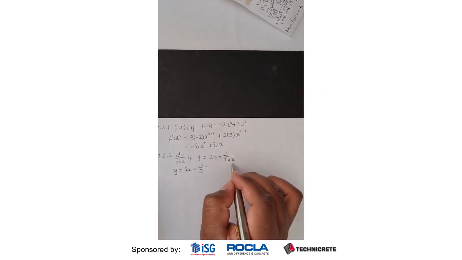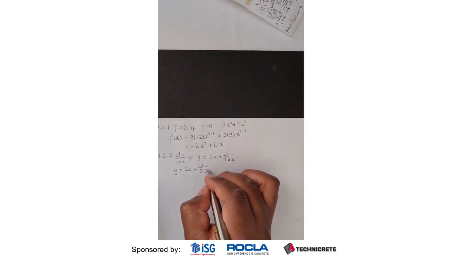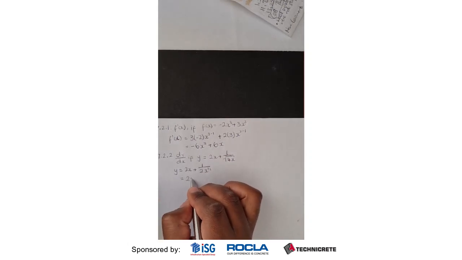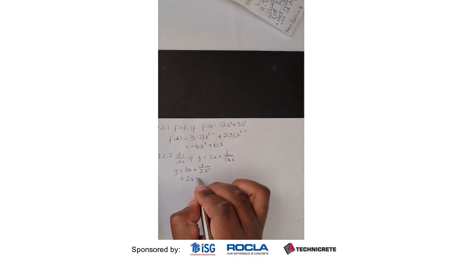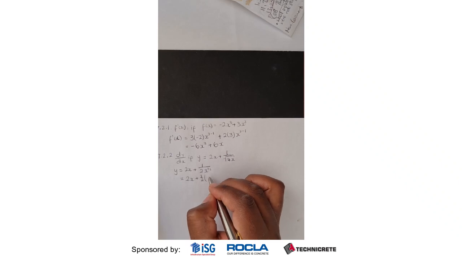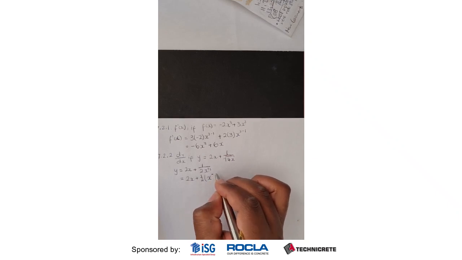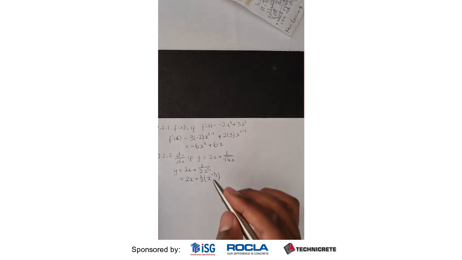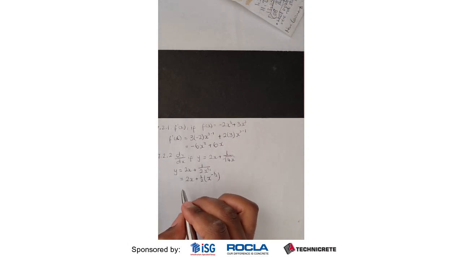The root of x is just x to the power of a half. Solving for it further, we know that that's the half that's there. We know that if it's below a fraction, it becomes x to the negative. So the fact that it's below a fraction brings about that negative.